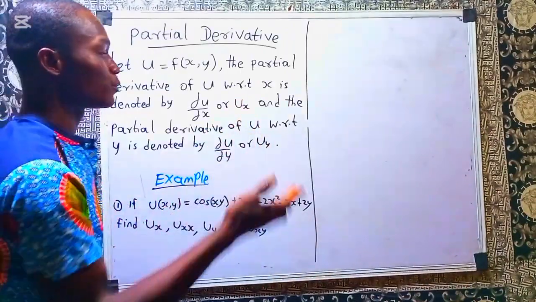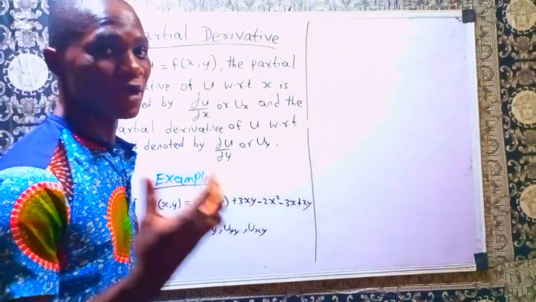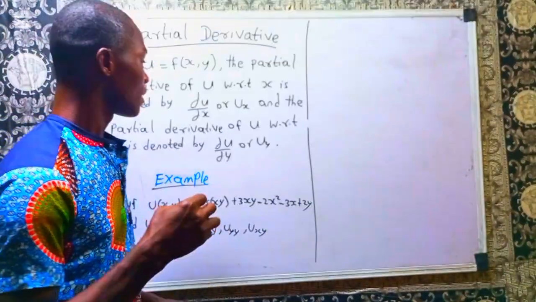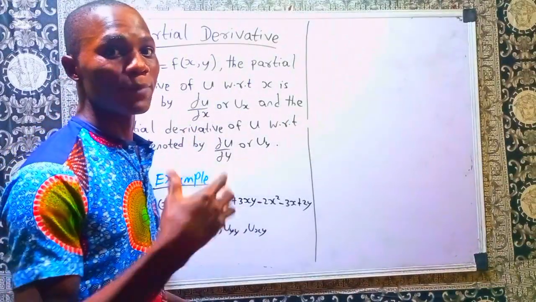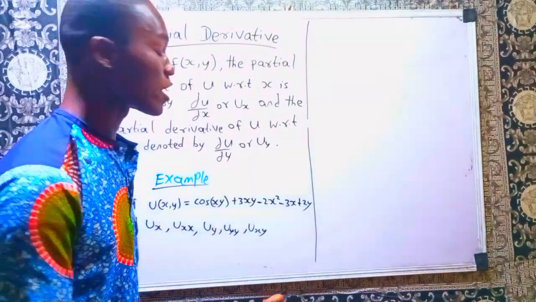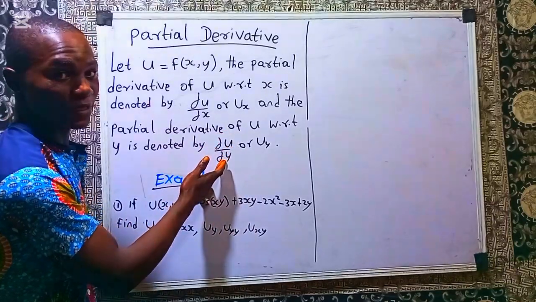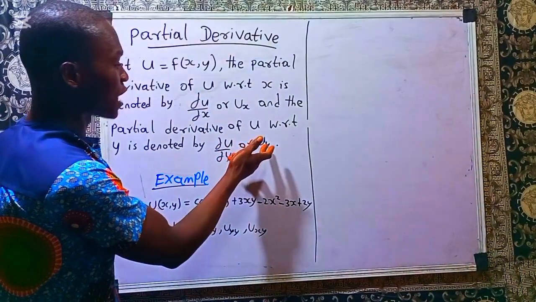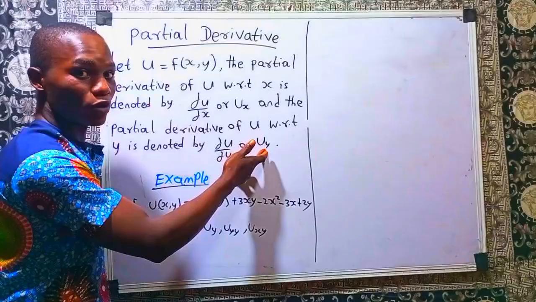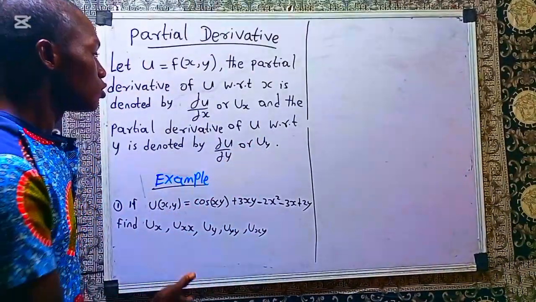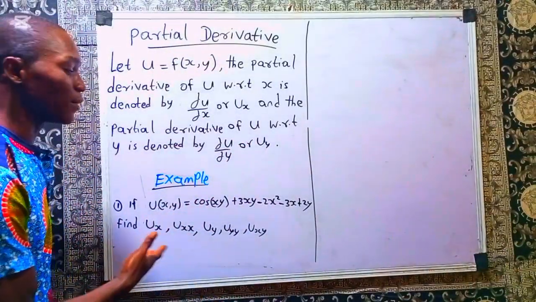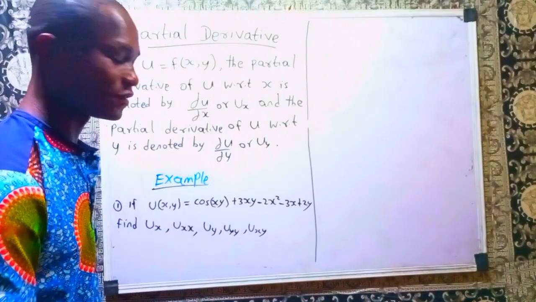X. Now the notation for partial derivative of u with respect to y will be this: partial derivative of u with respect to y, which can be written in short form u subscript what? Y. So let's look at this example and see how we can perform partial derivatives.